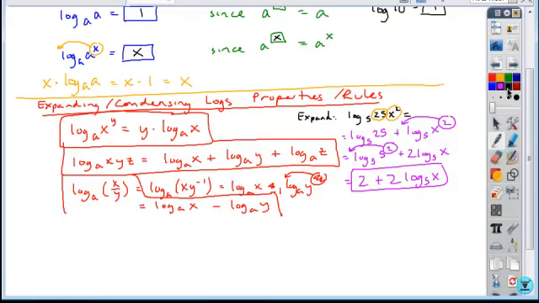All right, let's take a look at one more example. What if I ask you to expand the following?